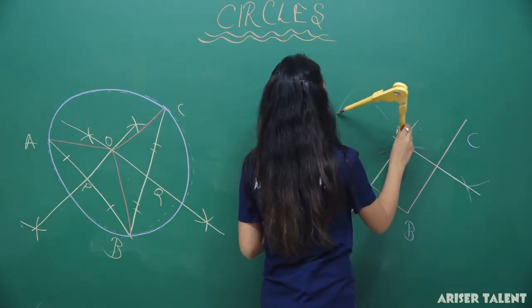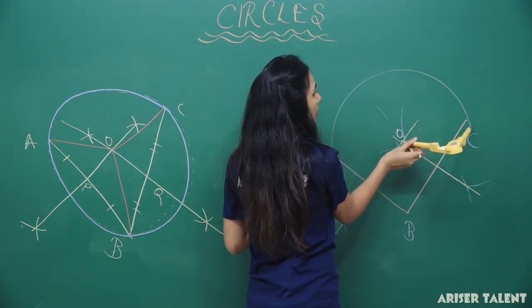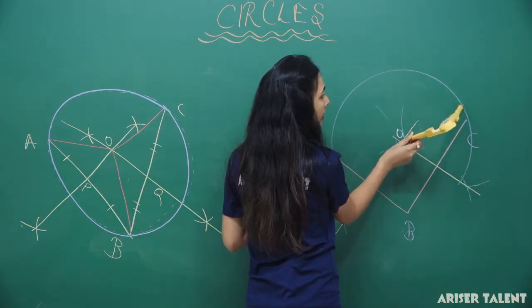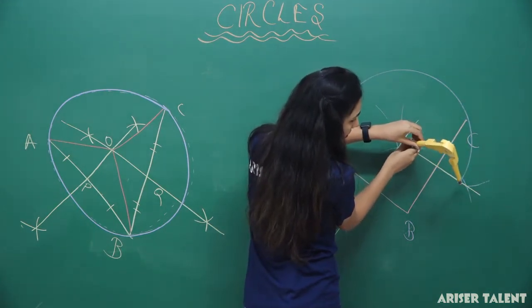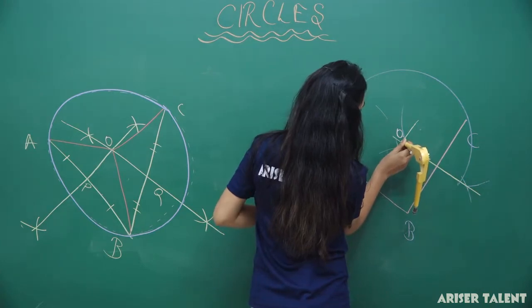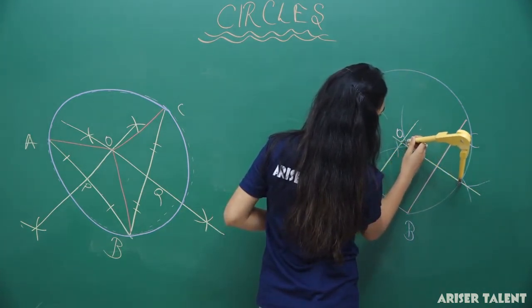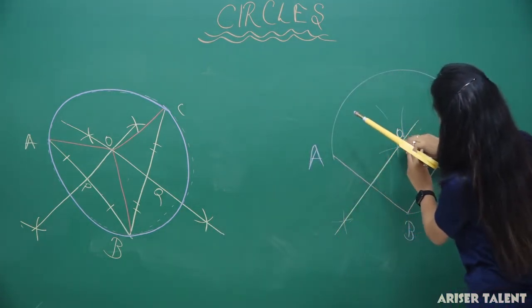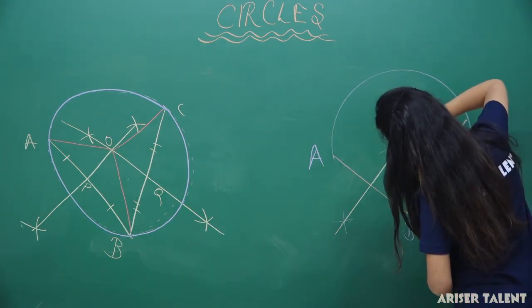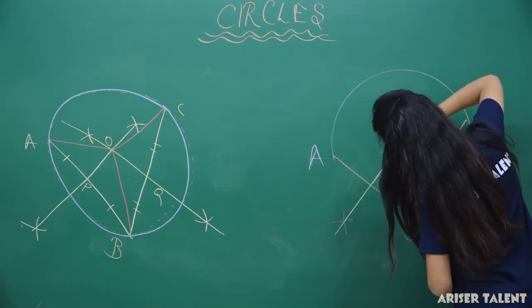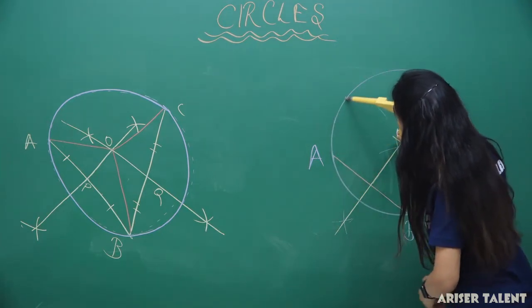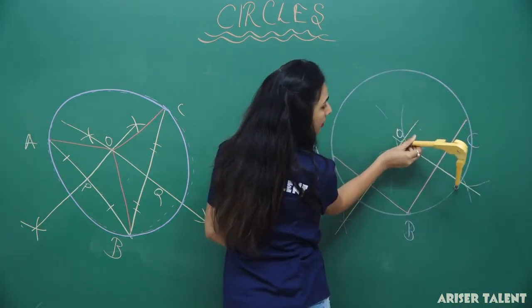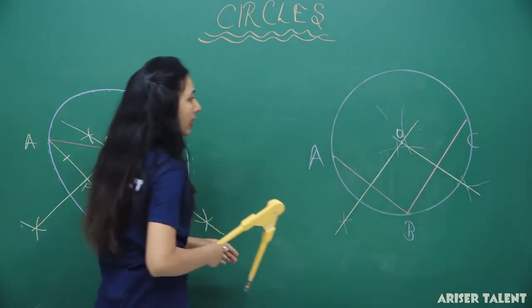Now you have to draw the circle through the points with this O as the center. So that will be your circle, right?